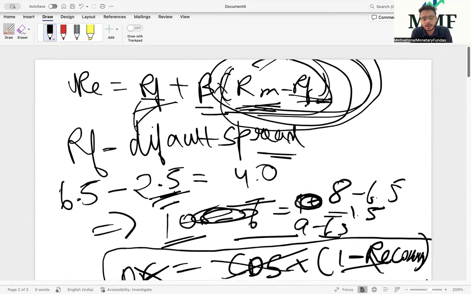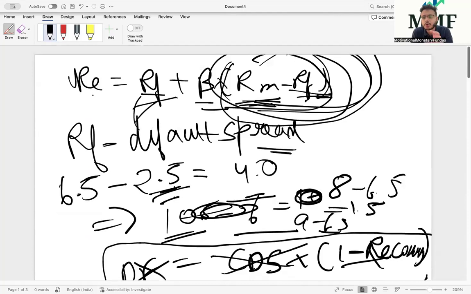Right. So basically the CAPM model is trying to establish an equilibrium relationship, or trying to establish a relationship between your cost of equity and systematic risk. Last line for today.